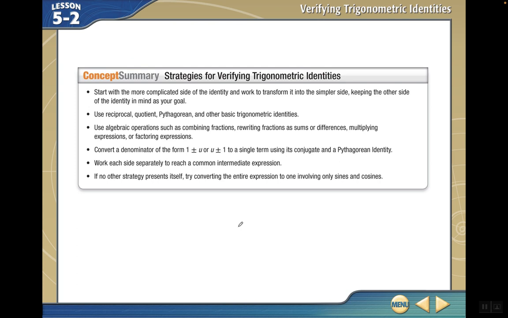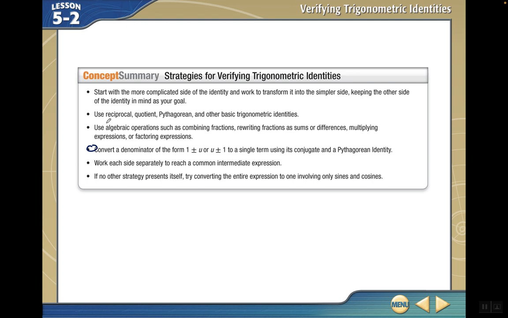at least to me. Here's some strategies. You can read through these. I think the important ones are right here where it says to use the conjugate to create a Pythagorean identity if you have a 1 plus something or a 1 minus something.